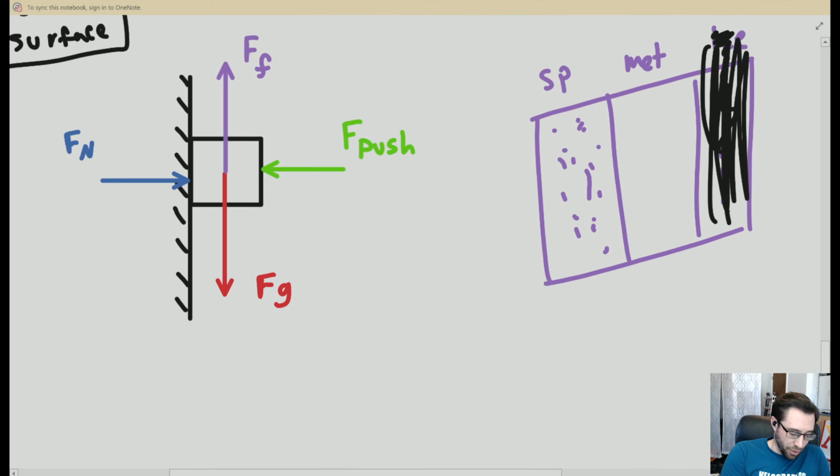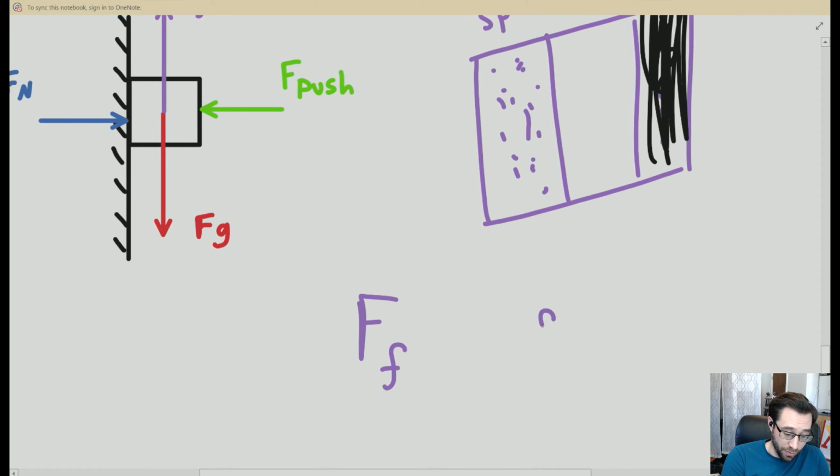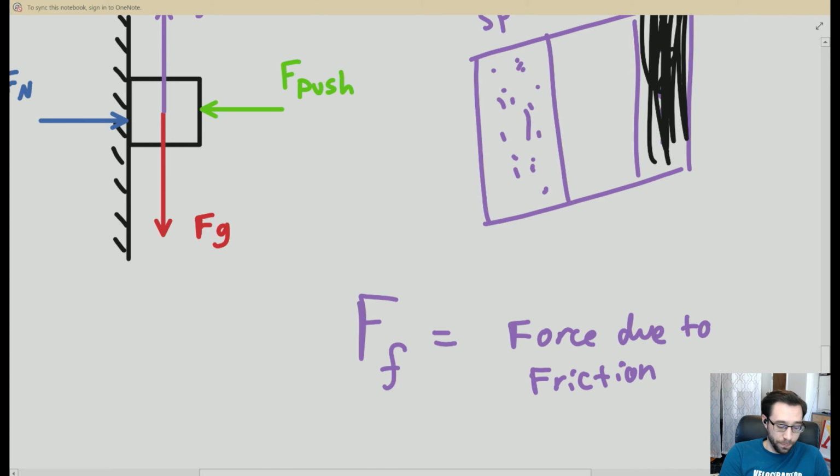I want to show you how I did that. So I've got a capital F, then I've got a script F to represent the force due to friction. How I did the script F, it looks like a little weird S, and I do a horizontal line. Cool. So this is the force due to friction. Cool.